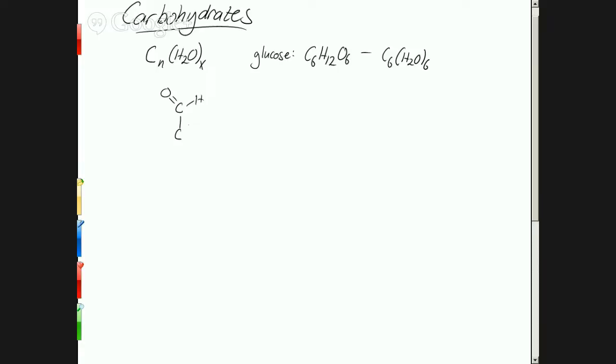Make sure I have the stereochemistry right. I always mess this one up. Sorry. This is in the book, by the way.